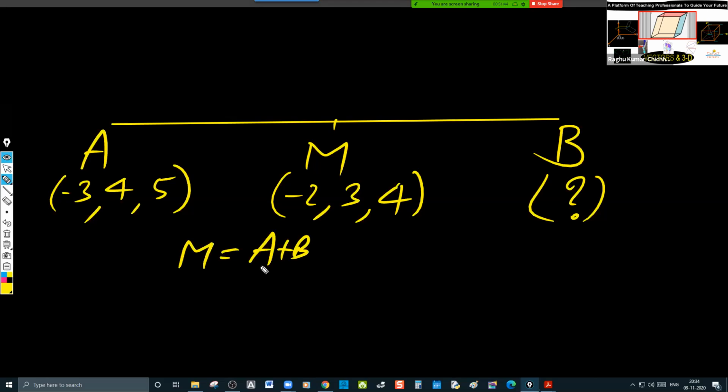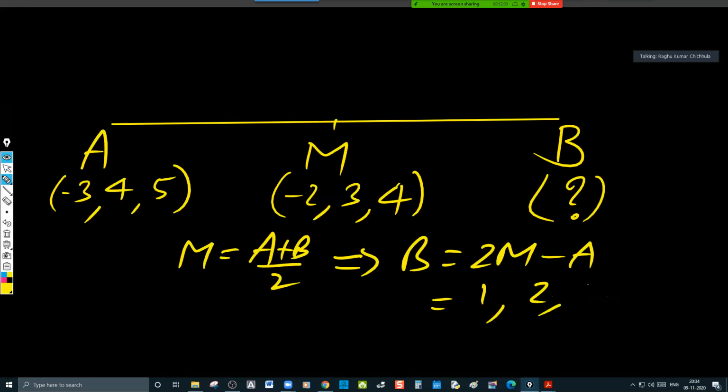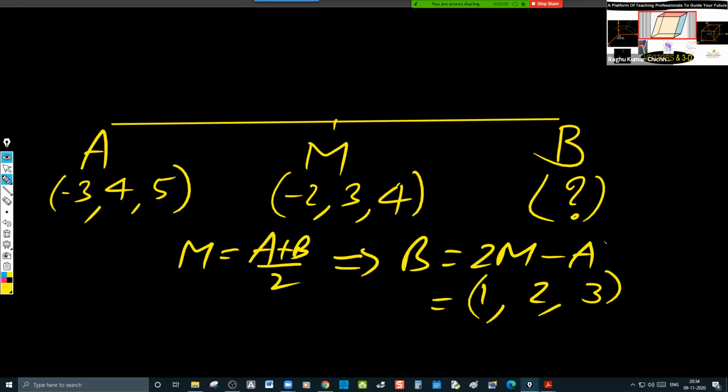That will be easy for you to write B. M is nothing but A plus B by 2, and B is nothing but twice M minus A. And the midpoint is given. Twice M minus A: twice M, 4 minus minus 3, that is 4 plus 3, 7... Twice M, 6 minus 4, 2. Twice M, 8 minus 5, 3. That's it.